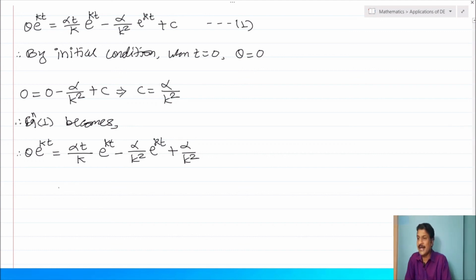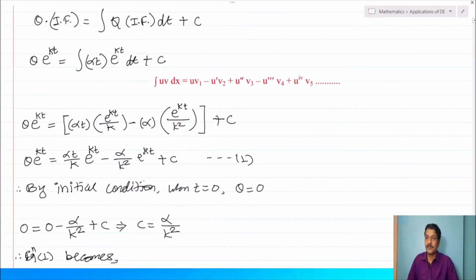We want θ, so divide throughout by e^(kt). So θ = αt/k, where e^(kt) gets cancelled, minus α/k², where e^(kt) cancels, plus α/k² divided by e^(kt), meaning e^(−kt). So this is your required answer.